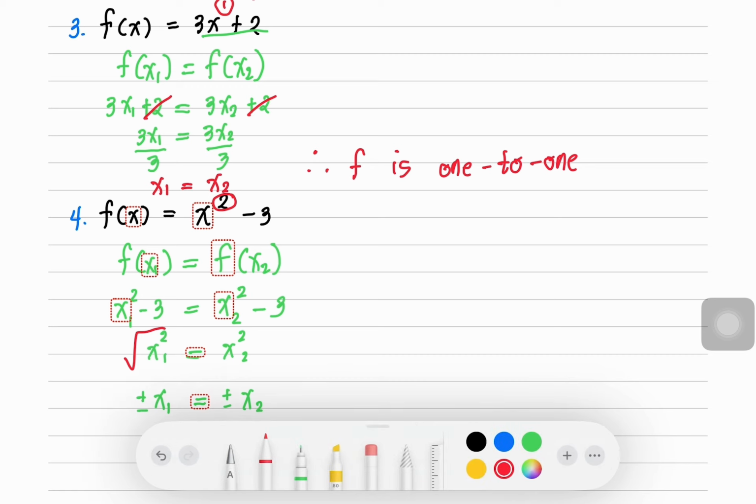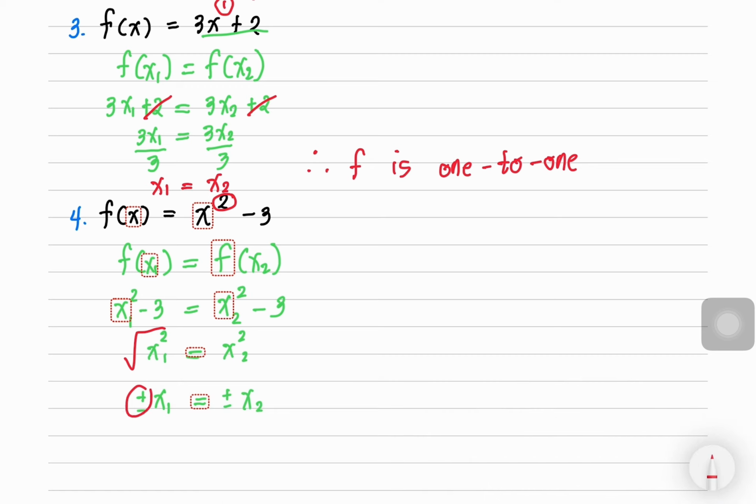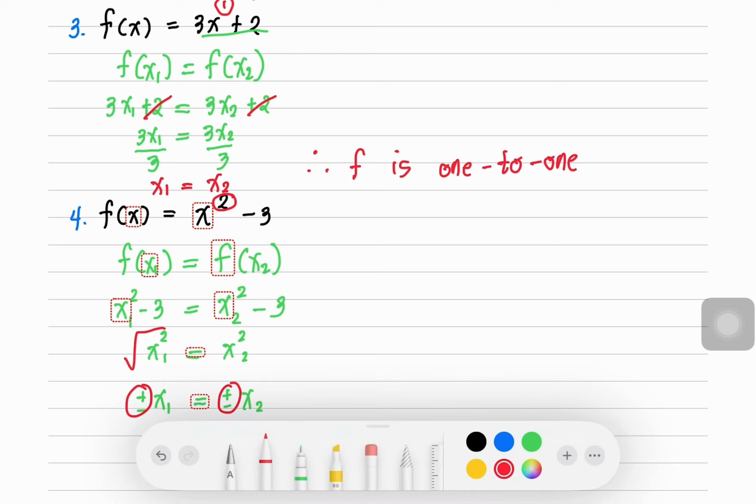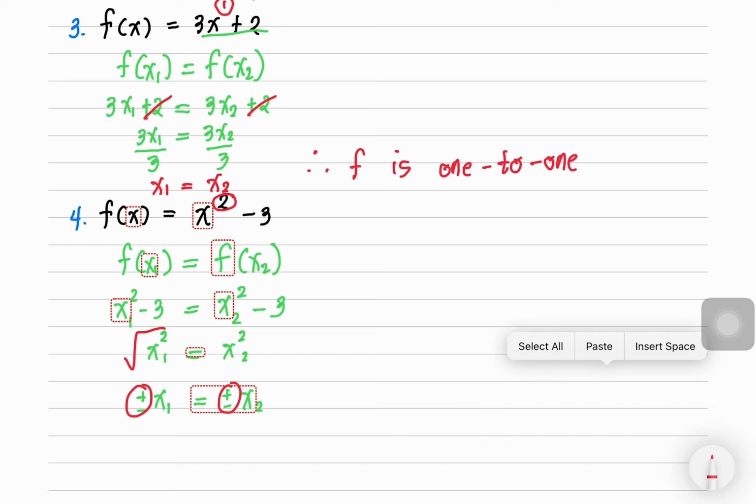Okay, meron tayong dalawa, positive and negative. Okay? So, ang ibig sabihin, this is a not 1-to-1 function. So, therefore, f is not 1-to-1. Okay?